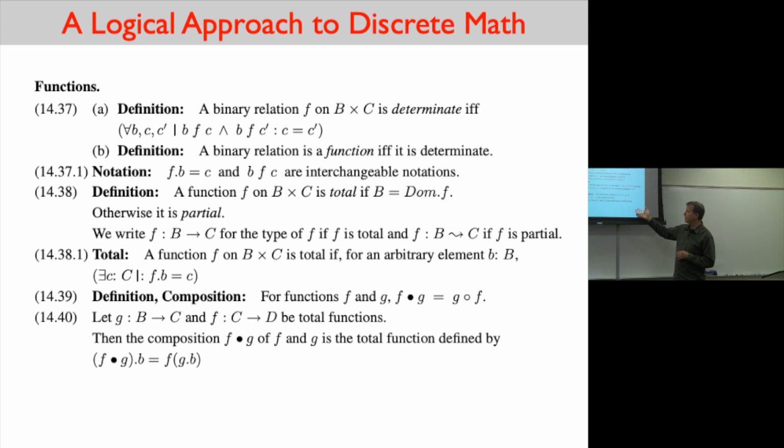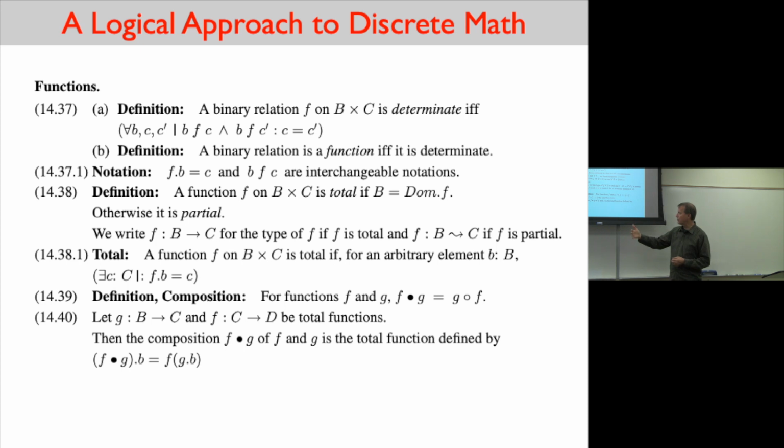And then 14.40 is, let G from B to C and F from C to D be total functions. Now, total means they use the whole domain, all the elements.